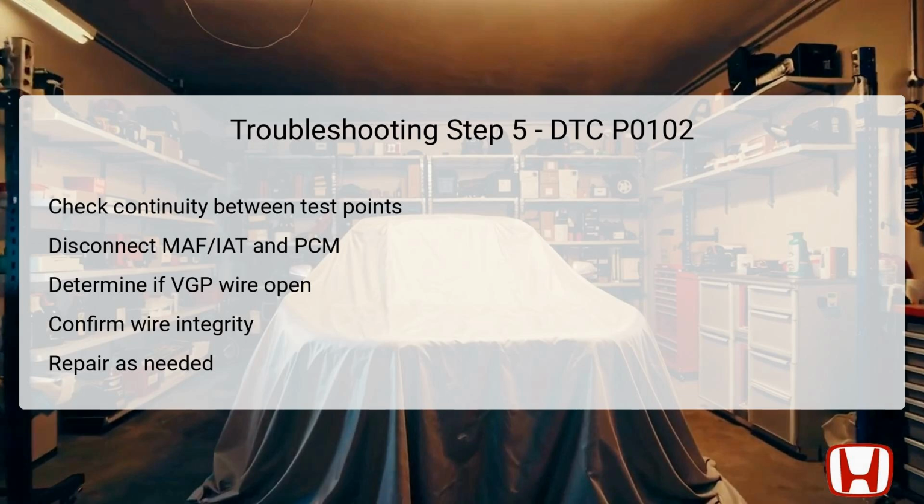If continuity is confirmed between the two test points, this indicates the VGP wire is intact and functioning properly. If there's no continuity, it confirms an open circuit that needs immediate attention. The repair would involve diagnosing and fixing the breaks or faults in the wire between the MAF sensor and the PCM to resolve the low voltage signal output.